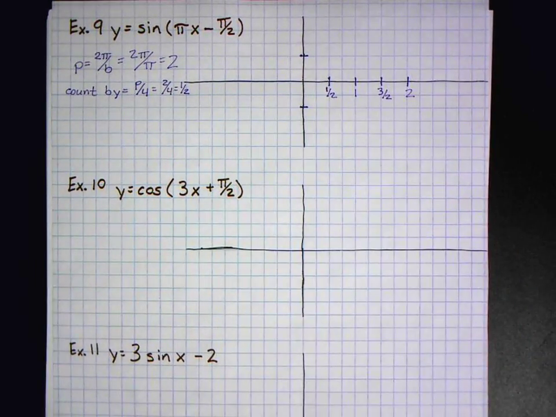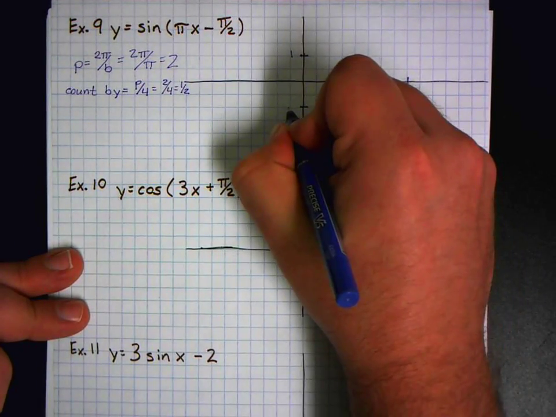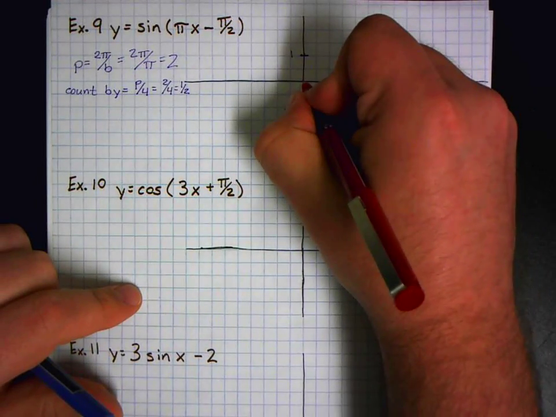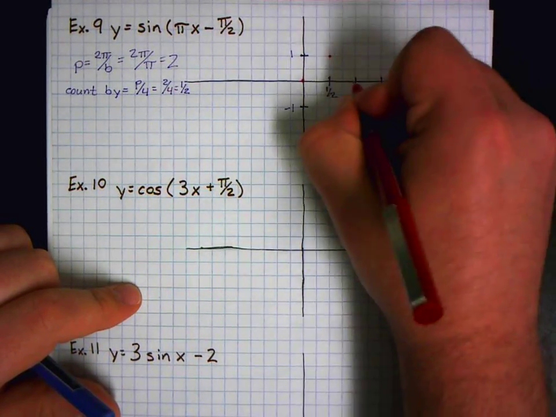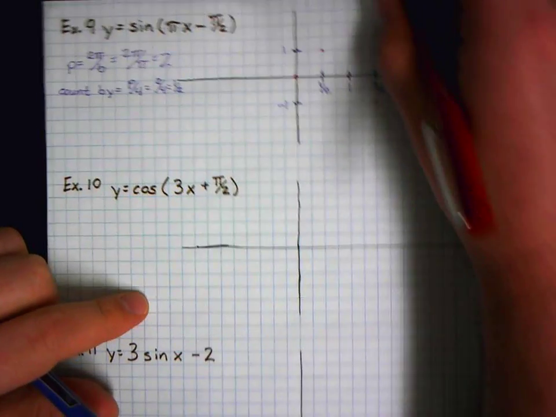Now, since I'm graphing sine, I'm going to put kind of an intermediate graph in, just to show you guys the steps. If you wanted to wait and put in the final graph, that's up to you. But at this point, if I was just graphing with the period, this would be my sine graph.